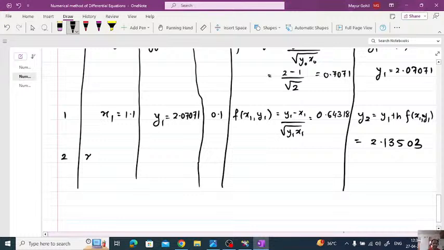So here x2 is going to be 1.1 plus 0.1, so here it is 1.2. The x2 formula is what? x2 is basically x1 plus h, remember this. Now y2 we have already found, it is 2.1350, and here you have h = 0.1.